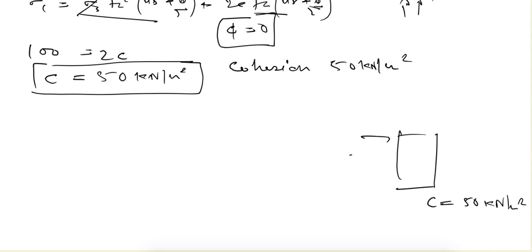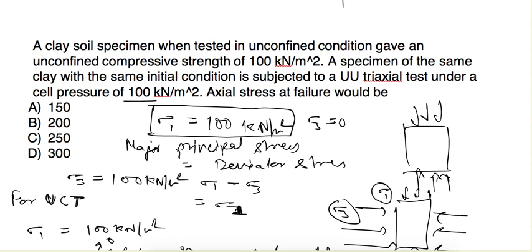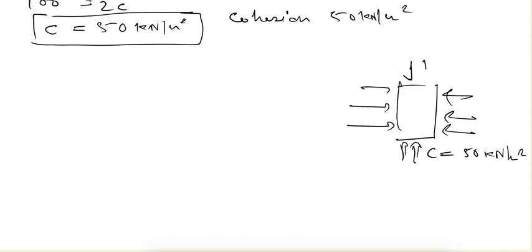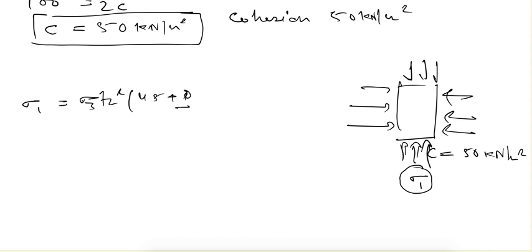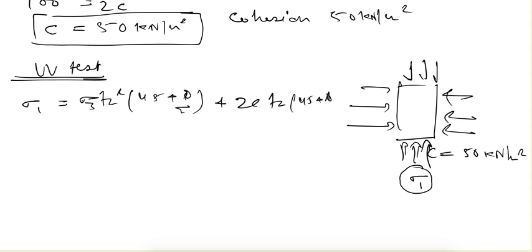What else is given? The cell pressure is given, and we have to find the axial stress. So again we are testing it, UU test, and the cell pressure is 100 kilonewton per meter square. The axial stress at failure is what they are asking for, that is the vertical stress, our sigma 1. So again the same formula, sigma 1 is equal to sigma 3 tan square 45 plus phi by 2 plus 2c tan 45 plus phi by 2.